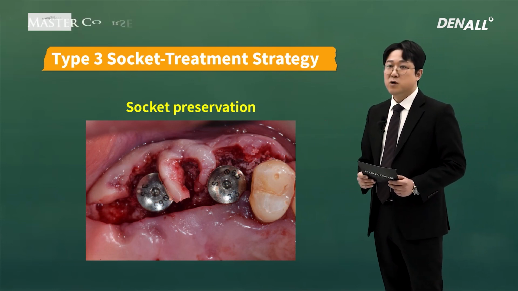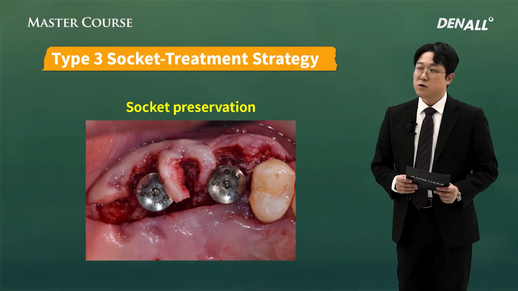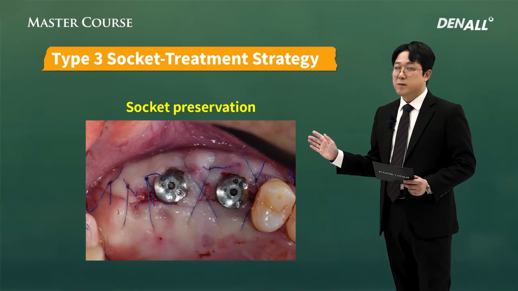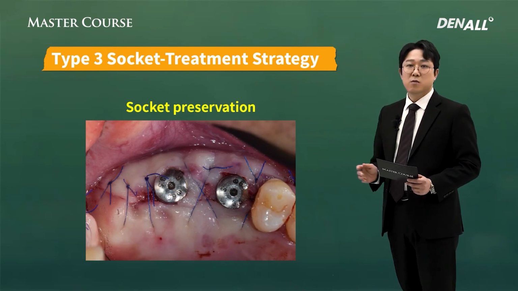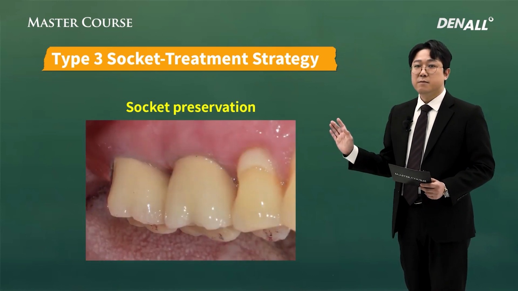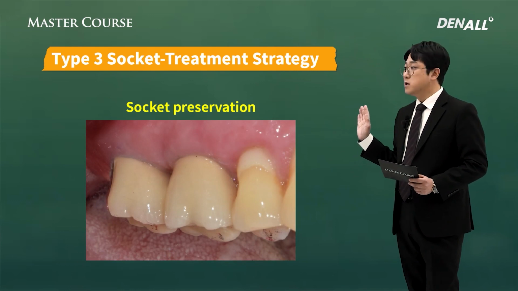This was for secondary healing in between implants. The flap was covered to encourage healing. And this is after suture, after implant placement. 5 months later, the final prosthesis was delivered and treatment was completed.